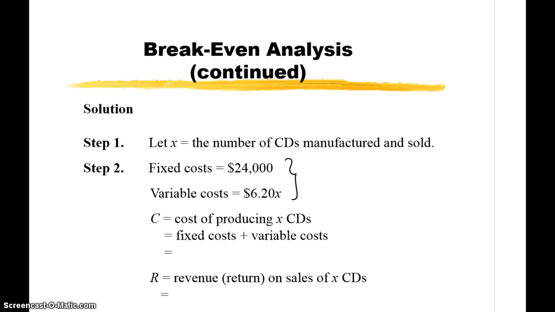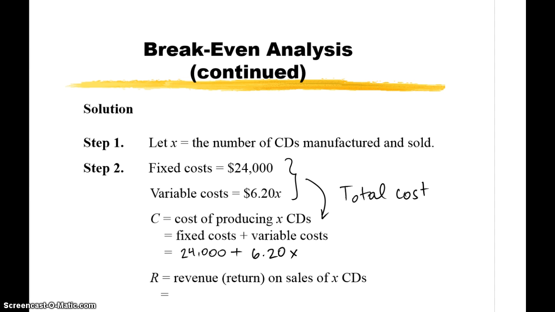These two together, remember, will give you total cost, which is what we've denoted with the letter C below. So C, the total cost of producing x CDs, is simply the sum of the fixed costs and the variable costs, and that will be 24,000 plus 6.20x.